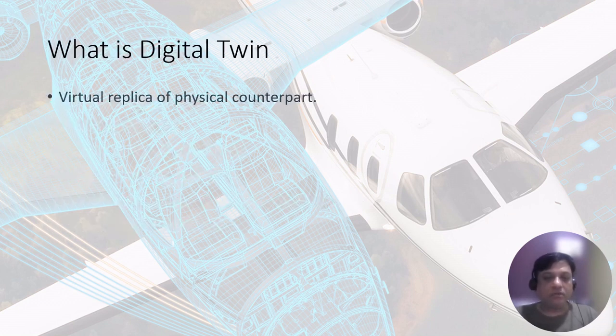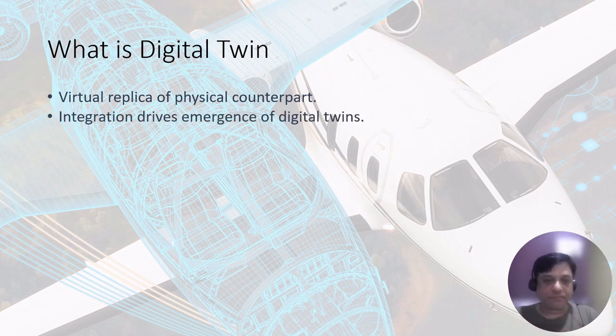So what is digital twin? It is a virtual representation of a physical object, a process, system, or entity. It is a digital counterpart that mimics the real world counterpart with a high level of accuracy.